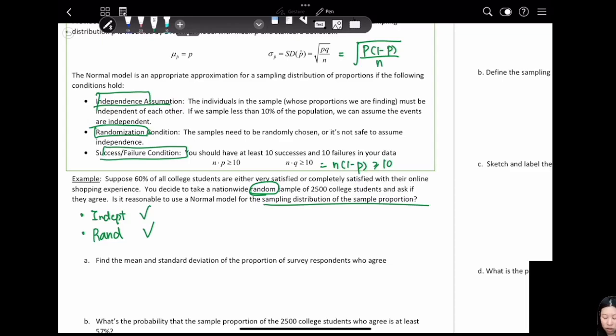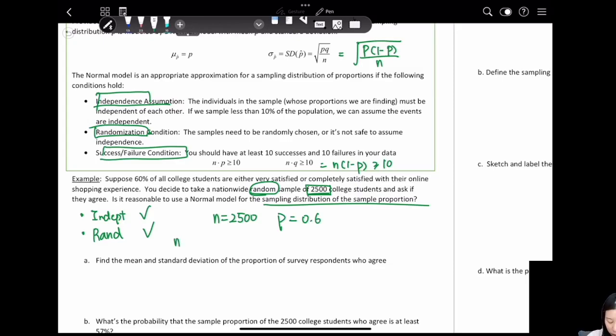We know this is 2,500 students, and the proportion of students who are very satisfied with their online shopping experience is 60%, so that means it's 0.6.